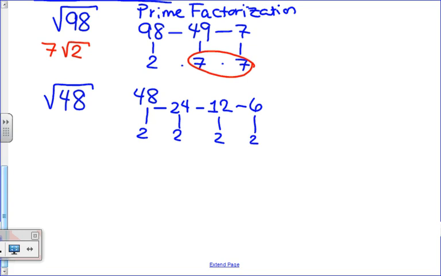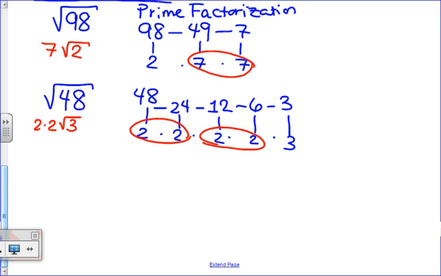Divide by 2 again, gets you 3. Okay. So this time, I see 2 sets of 2. So out comes 1, 2, out comes another 2. It'll be 2 times 2, root 3. Can you also see the number 16?